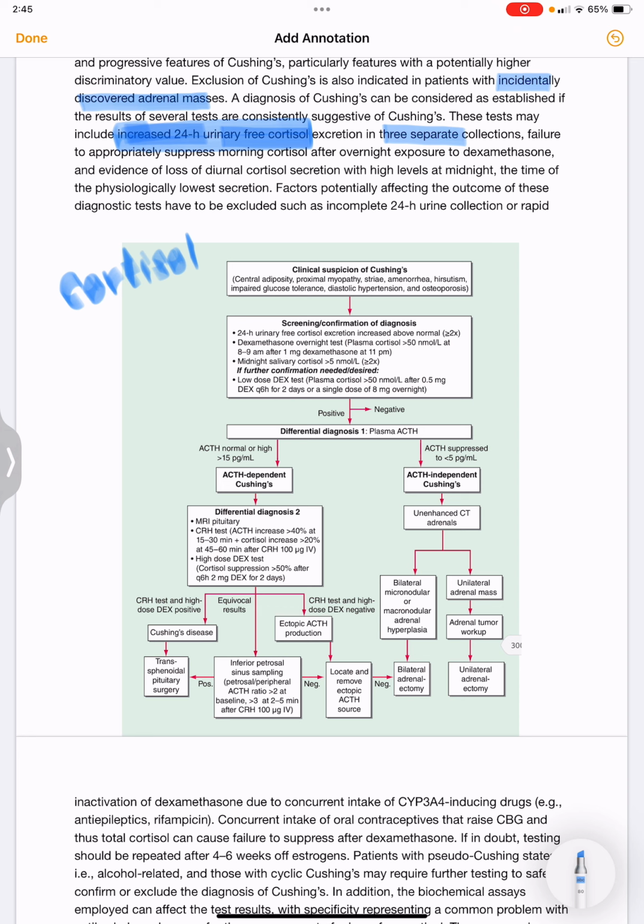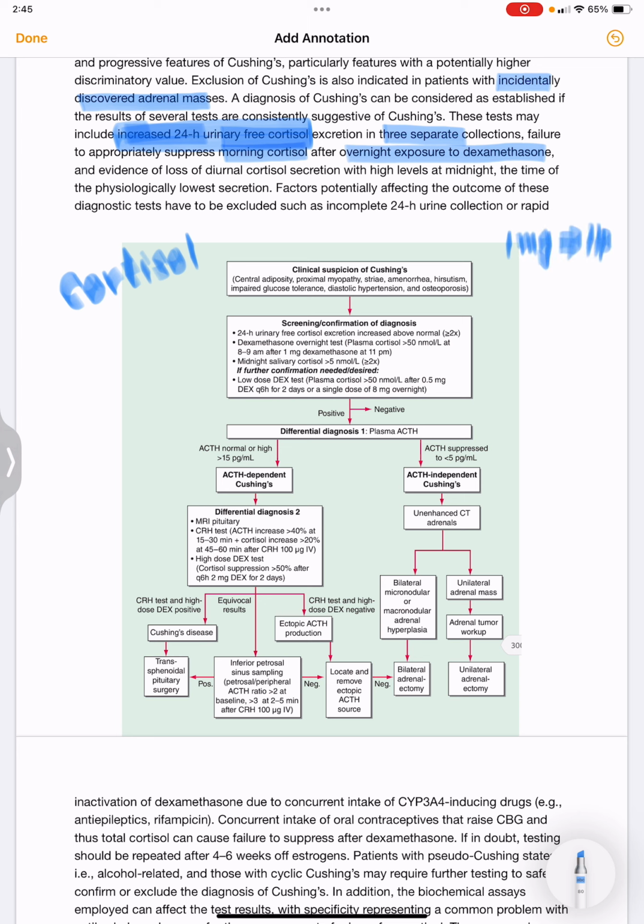One more test is failure to appropriately suppress morning cortisol after overnight exposure to dexamethasone. At night we give 1 mg of dexamethasone at 11 pm.